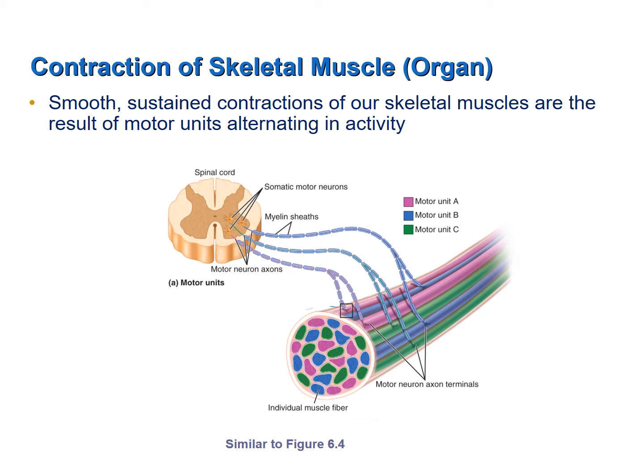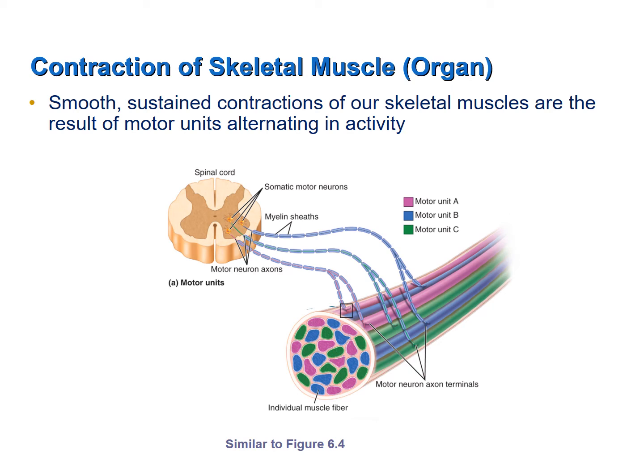Going back to this figure, we have a skeletal muscle with 3 different motor units, and the skeletal muscle fibers of each motor unit are color-coded magenta, blue, and green. So as the skeletal muscle fibers of motor unit A are contracting, perhaps the skeletal muscle fibers of motor unit B are relaxing. And as the fibers of motor unit A begin to relax, those of motor unit B begin to contract.